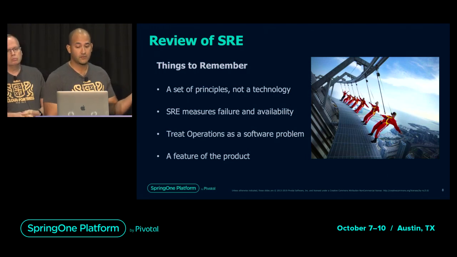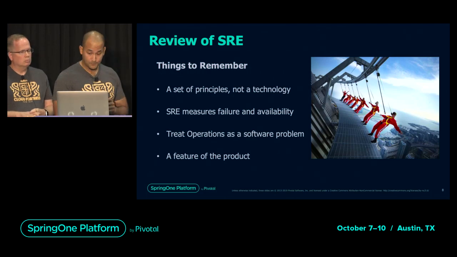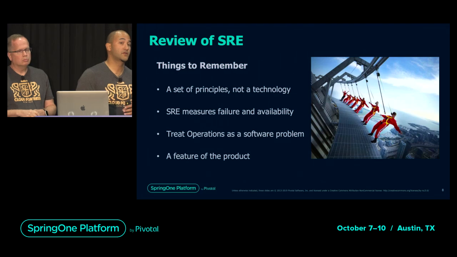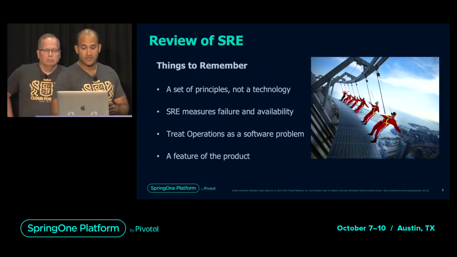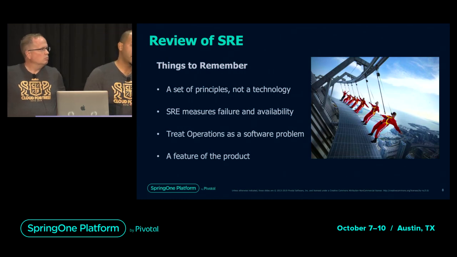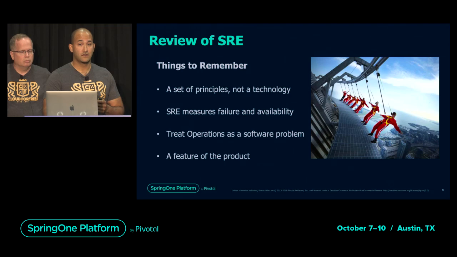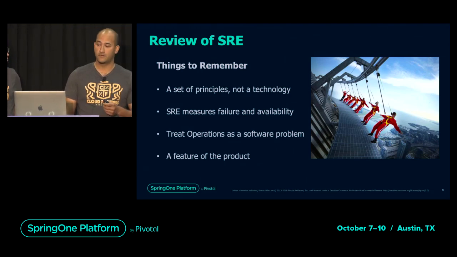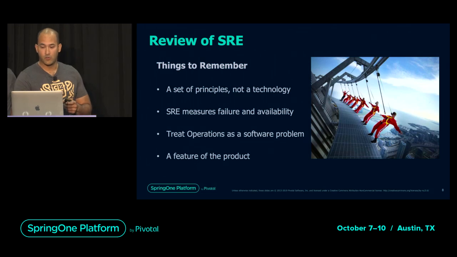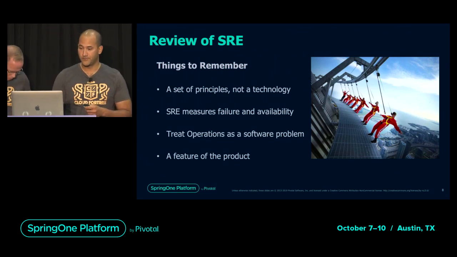An SRE fundamentally believes that systems operations is a software problem. We want a computer to do as much work for us as possible. SRE measures failure and availability in a prescriptive manner using SLIs, service level indicators, or SLOs, service level objectives. We want to define and deliver a given level of service to our users.